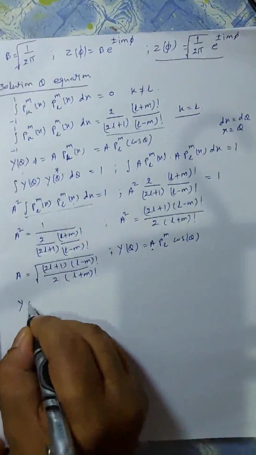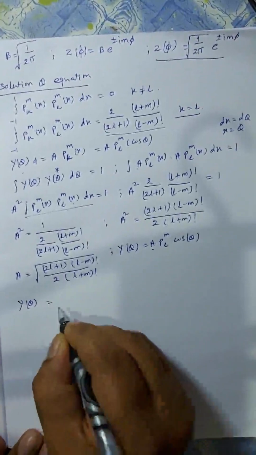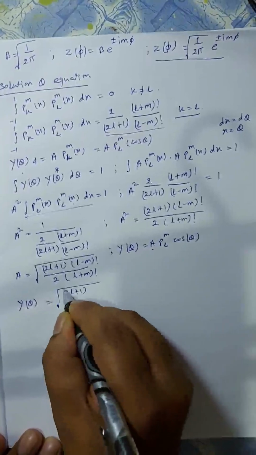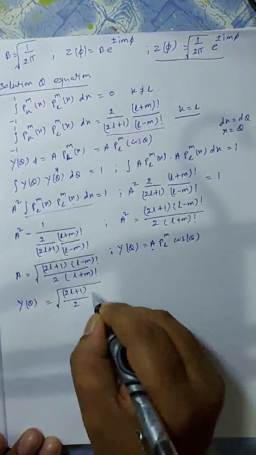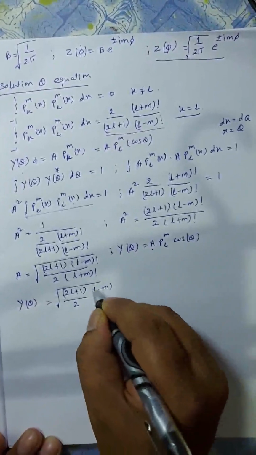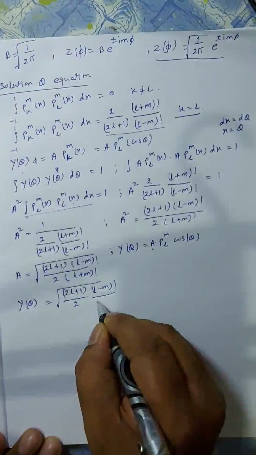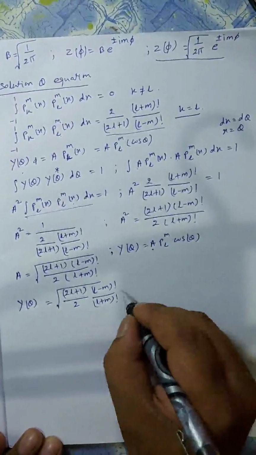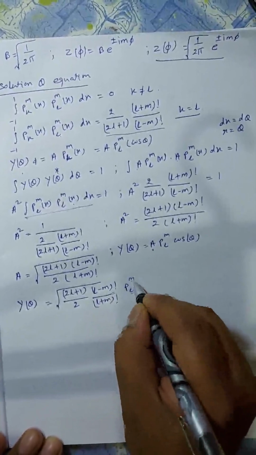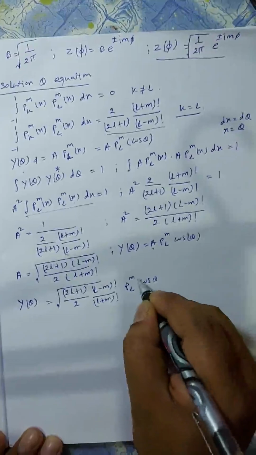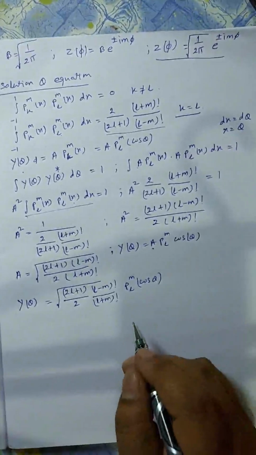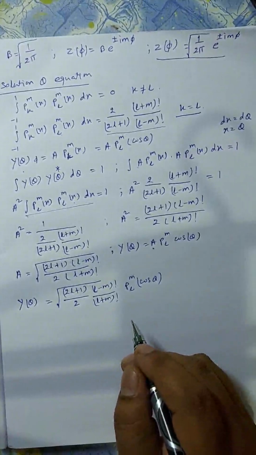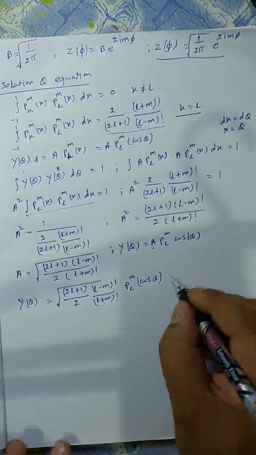So Y(theta) is equal to the square root of (2l plus 1) divided by 2, times (l minus m) factorial divided by (l plus m) factorial. This is A. Then P_l^m(cos theta). This is called the solution of the theta equation.